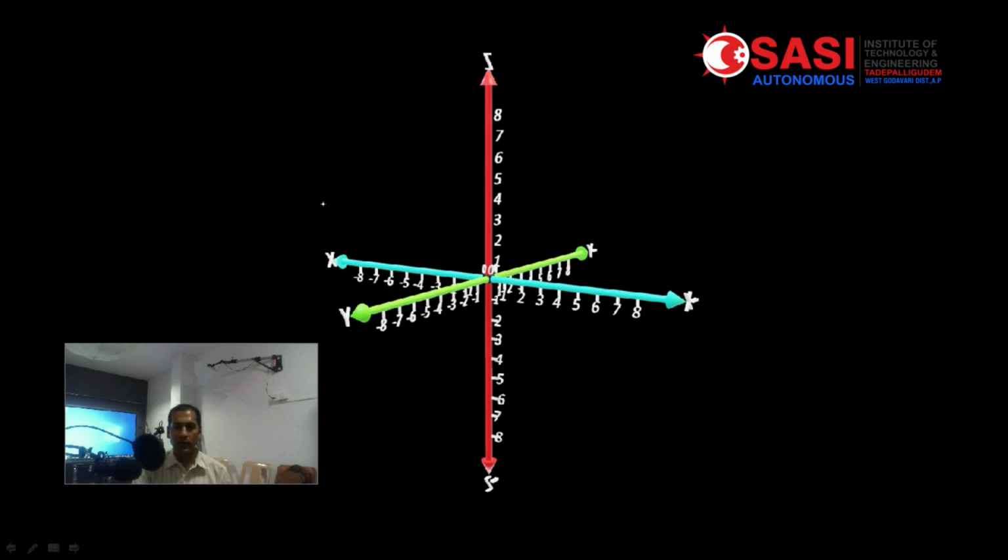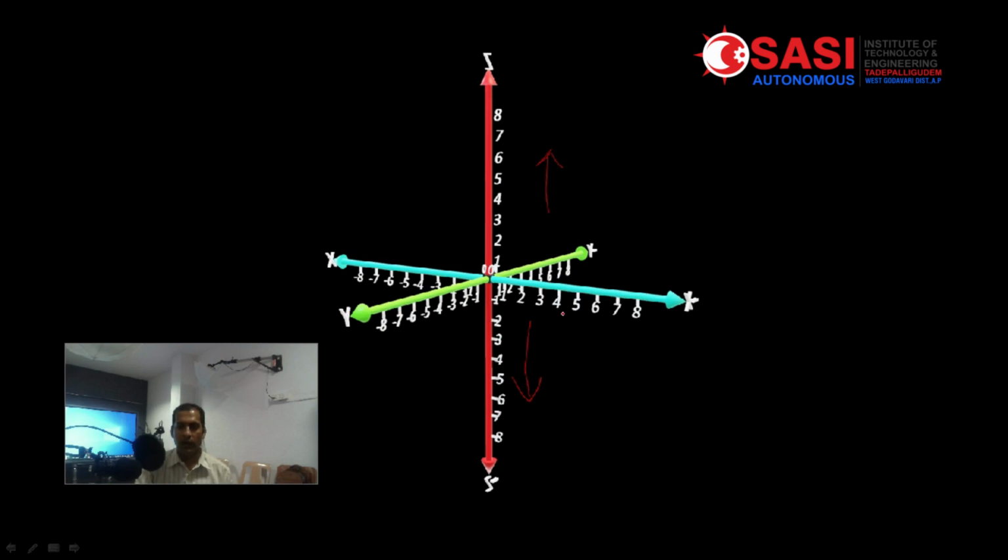So basically in a coordinate system we consider three axes. We have a vertical axis which is going upward, say positive z. We have one positive x and one positive y axis, but along with that we also have the negative axes, say for z, which is going towards negative.